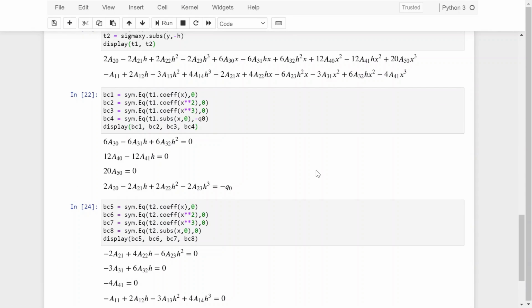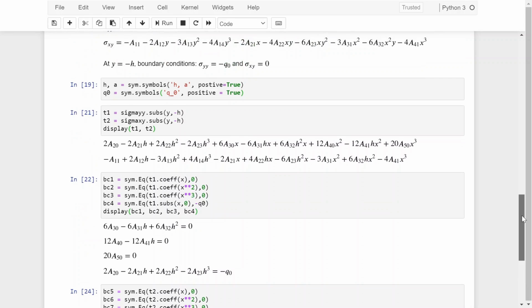First of all, you note that till now we have not actually written down the expressions where in sigma yy we have substituted y is equal to h. So here in both T1 and T2 we have only substituted y equal to minus h. That was for the top edge.